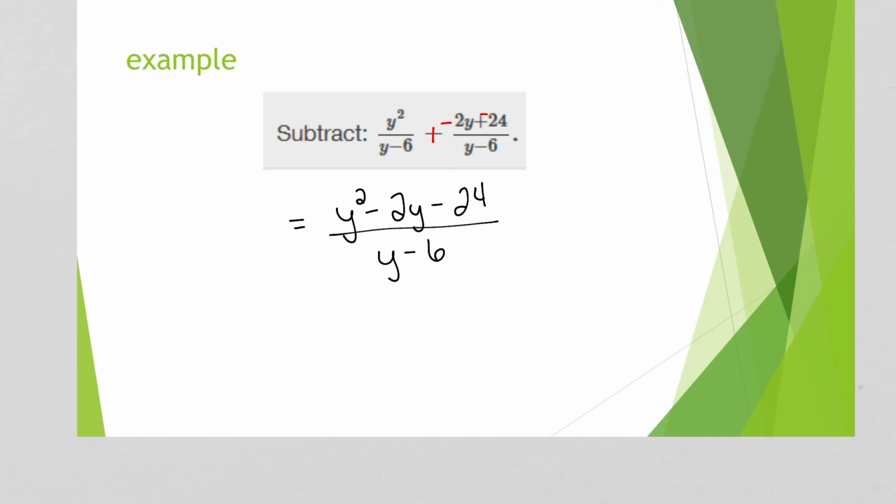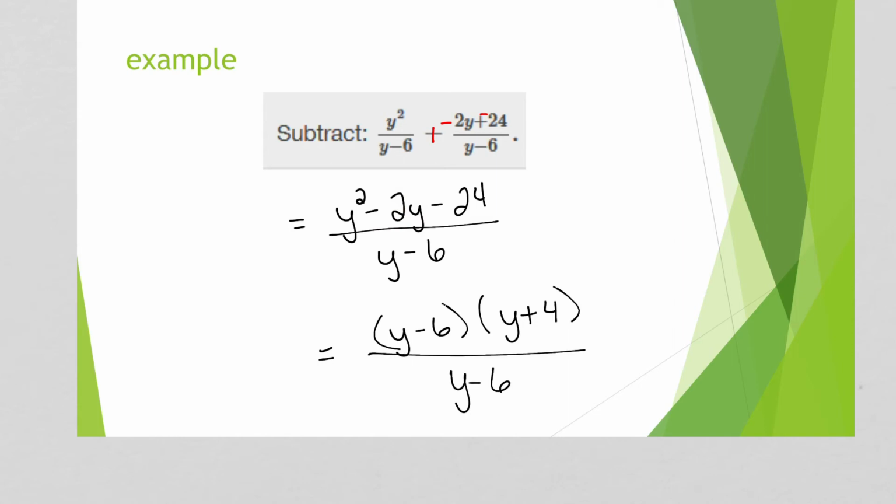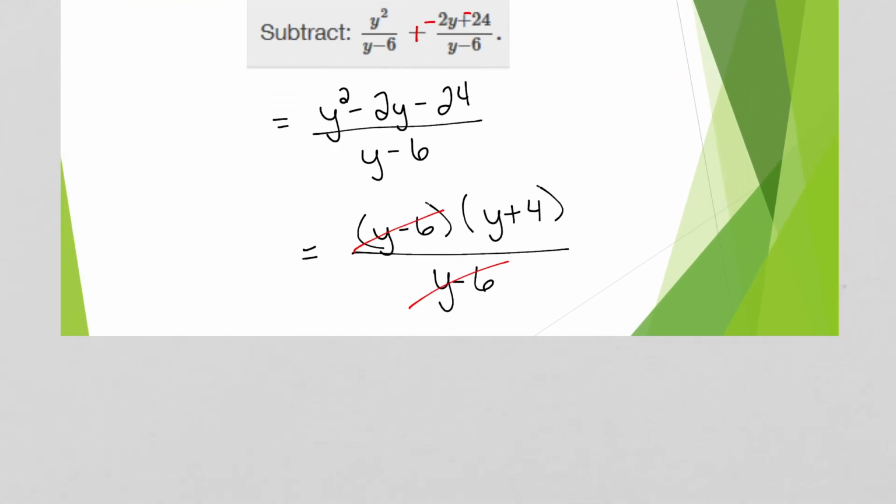So think about that. Well, I think if we have y minus 6 as one of the factors, the other factor would have to be y plus 4. Does that work? Do they multiply to be negative 24 but add up to be negative 2? Yeah, they do. All right, so then I've got y minus 6 in the denominator, and we can mark those babies out. And what are we left with? We are left with y plus 4. That's it.